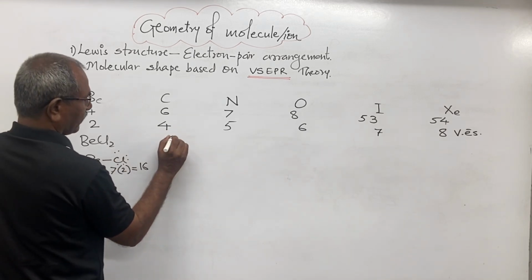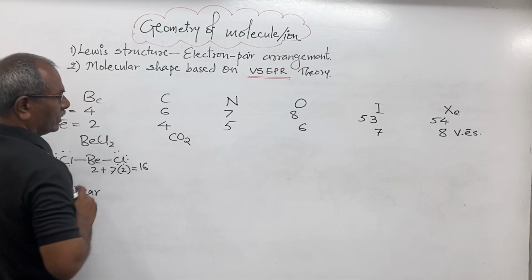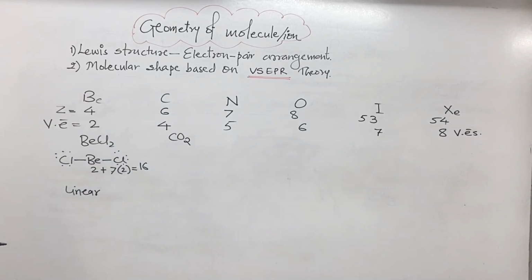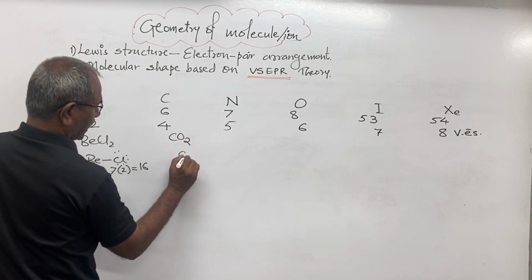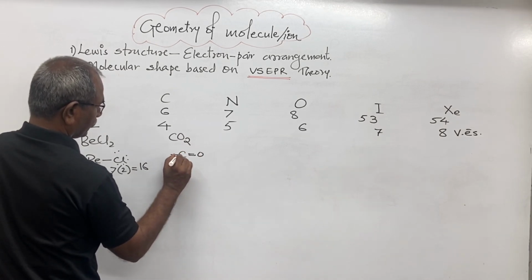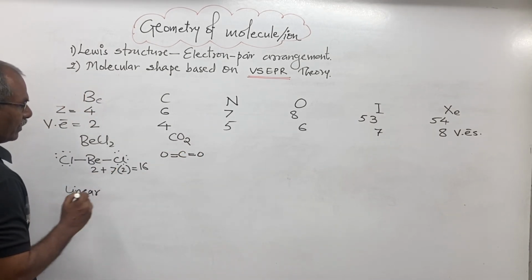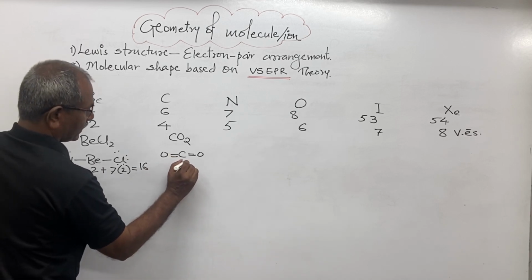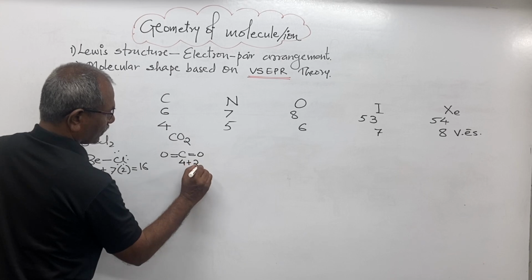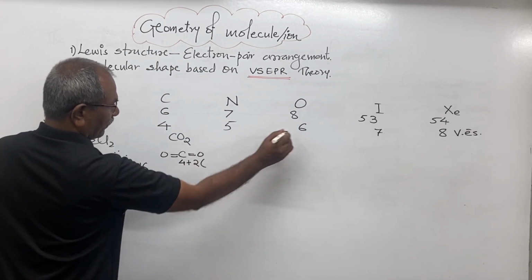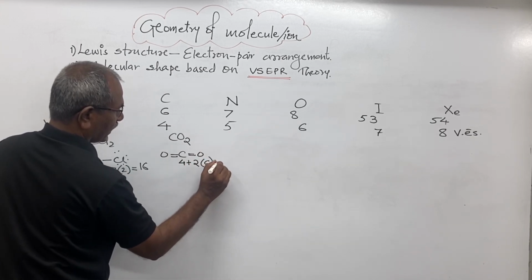Or you take the example of carbon dioxide. Write the structure of carbon dioxide. Carbon has 4 valence electrons, plus there are 2 oxygen atoms, each having 6 valence electrons.